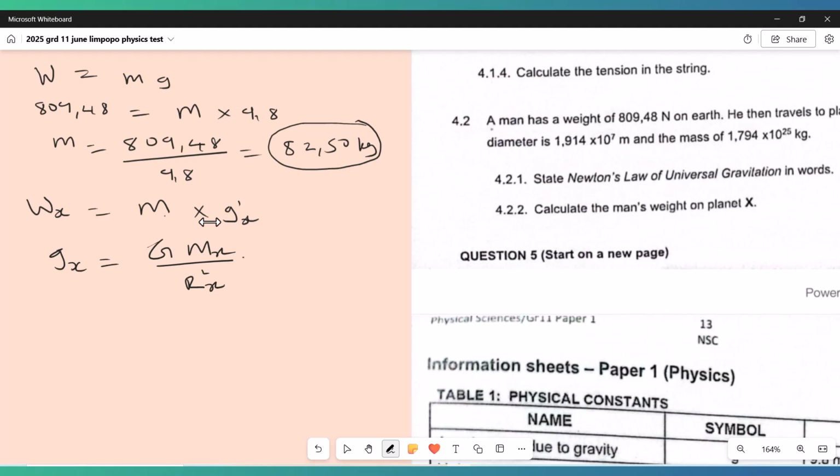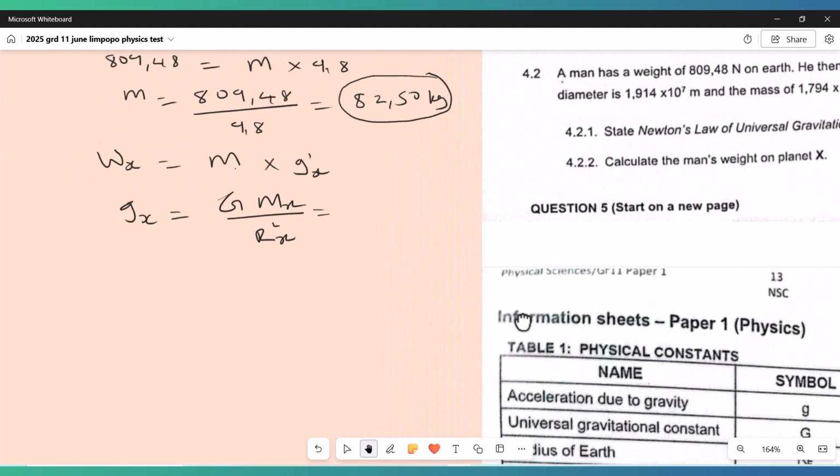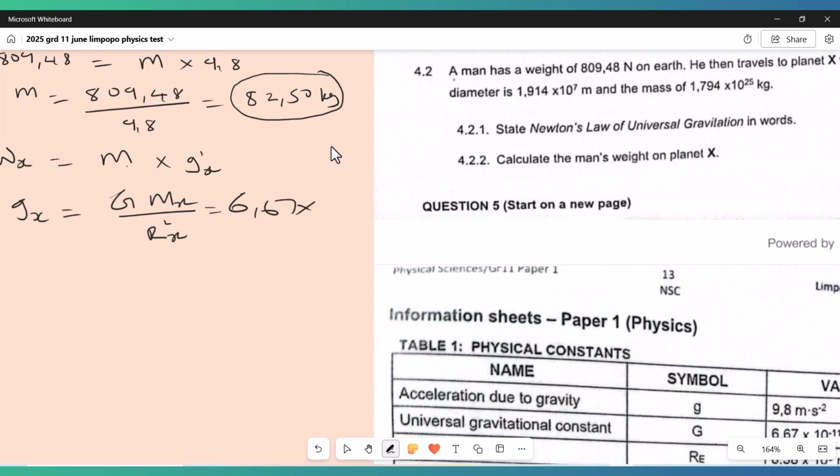G is a constant, 6,67 times 10 to the power negative 11.